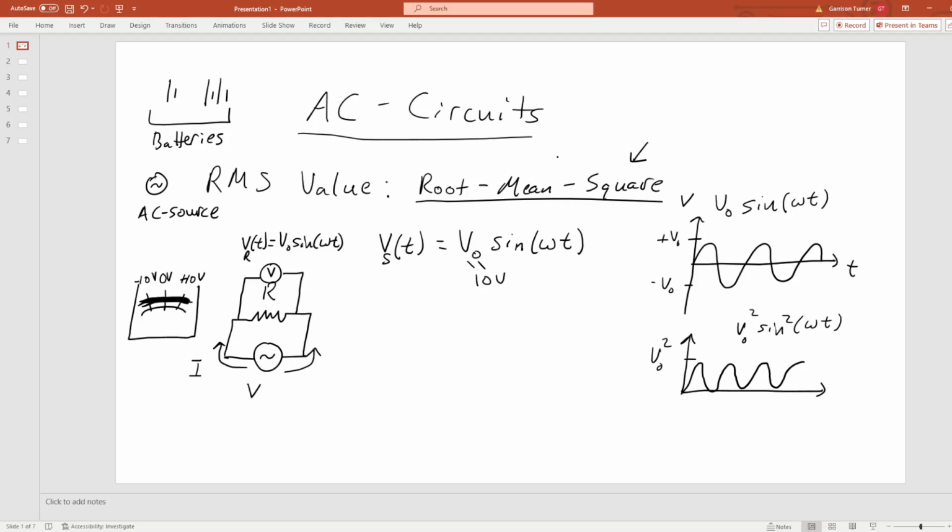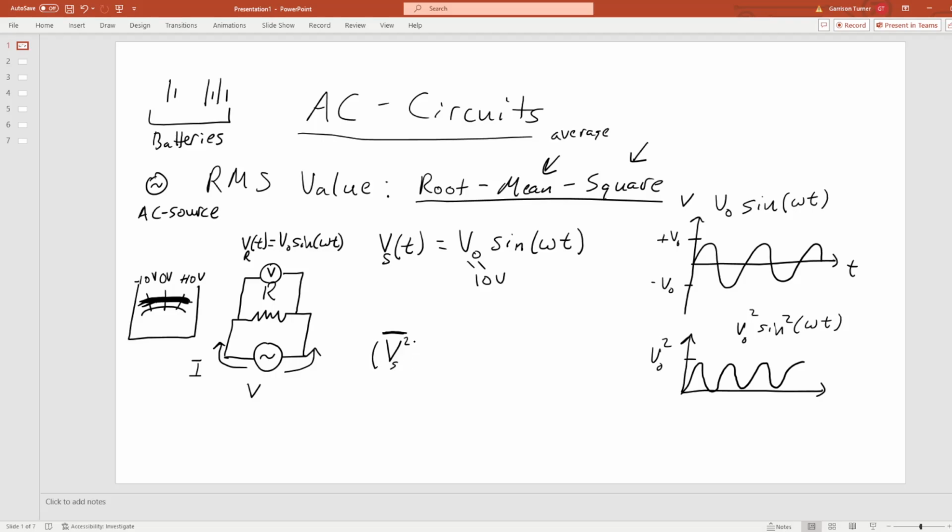And then we take the average. Now, how do you take an average of a sine function? What we want to do is take the average of the source squared. Anytime you put a bar over something in statistics, that typically means the average.